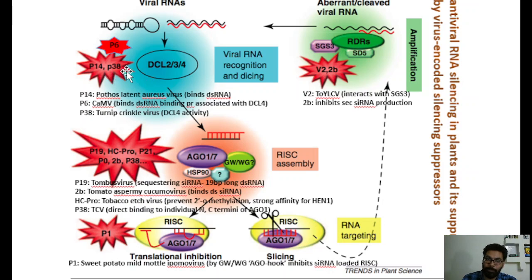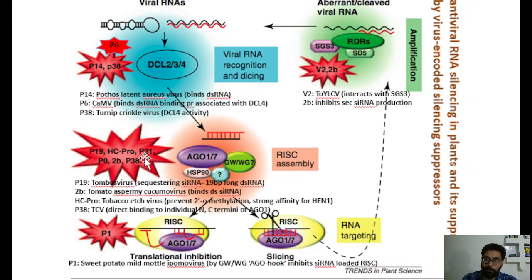P6, P14, P38 will try to inhibit the DCL2, 3, 4 step by interacting with these proteins, whereas V2, 2B will interact with the RNA-dependent RNA polymerase, so there will be no synthesis of double-stranded RNA.